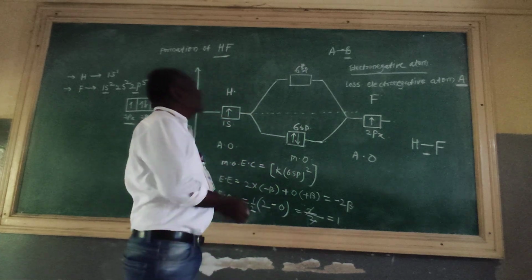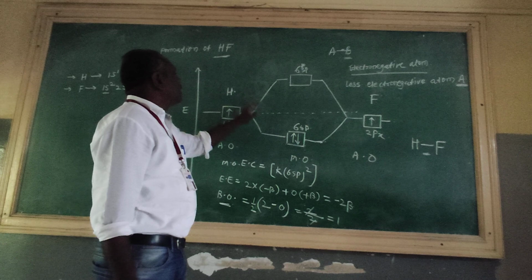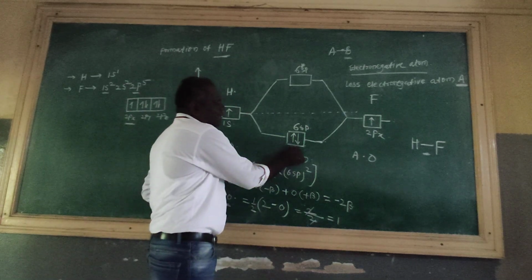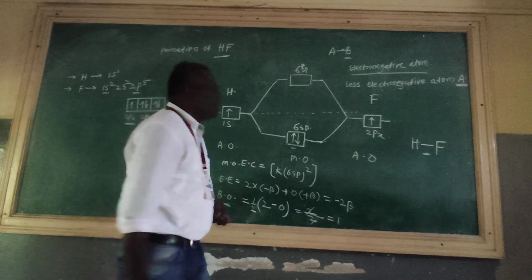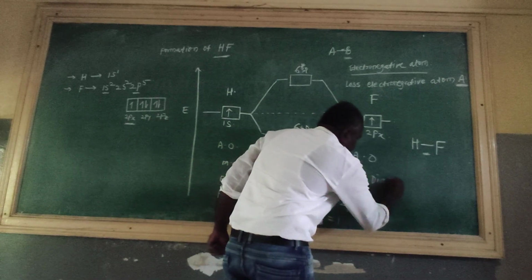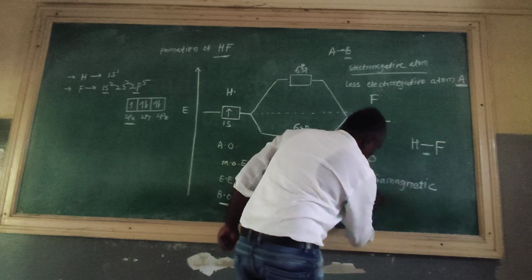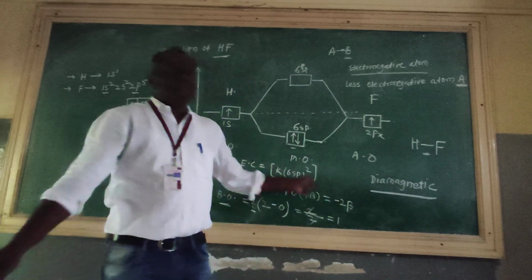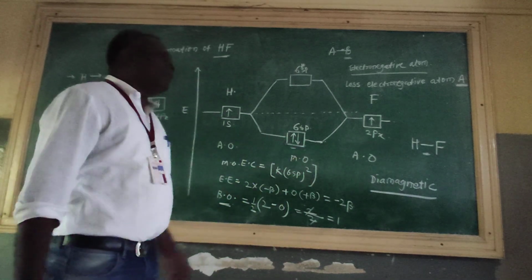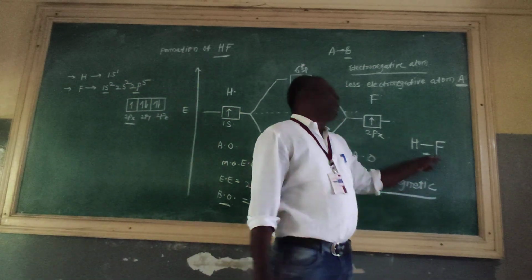Now, the last thing is commenting on the magnetic property of the hydrogen fluoride molecule. All the electrons in the molecular orbitals are paired. Therefore, this molecule is diamagnetic in nature. This molecule is a highly polar molecule since fluorine is a highly electronegative element.